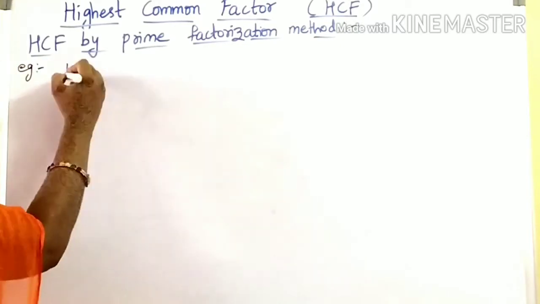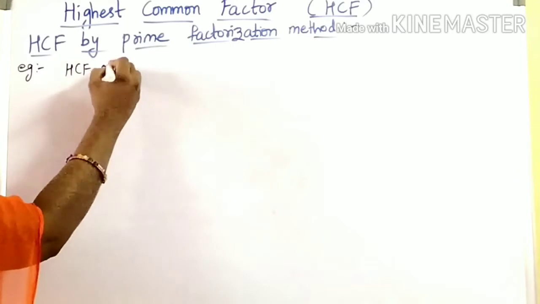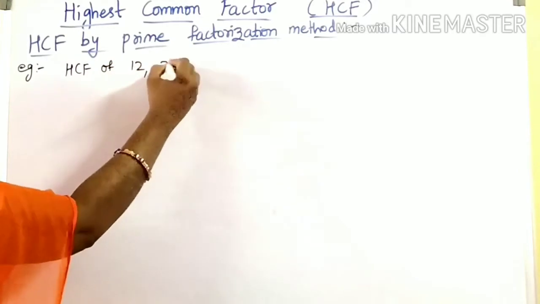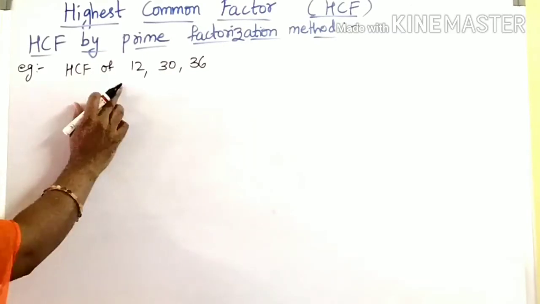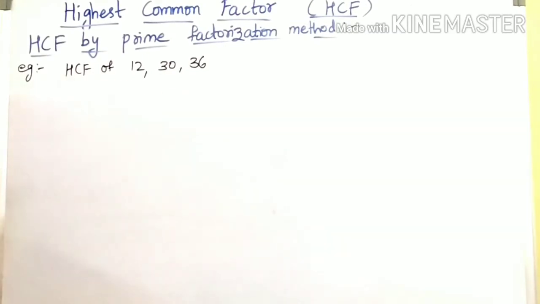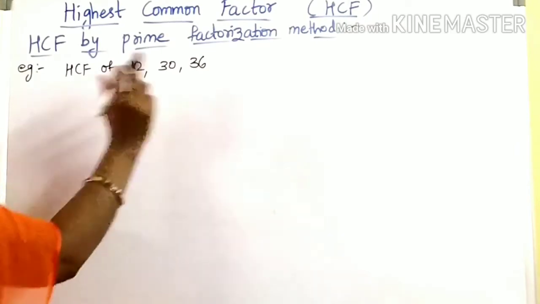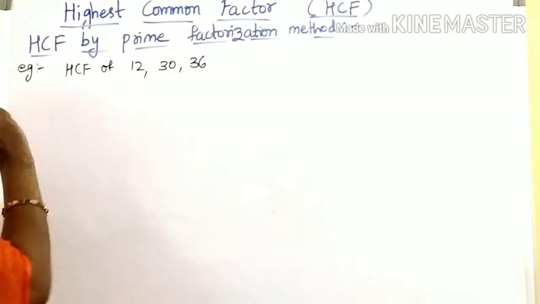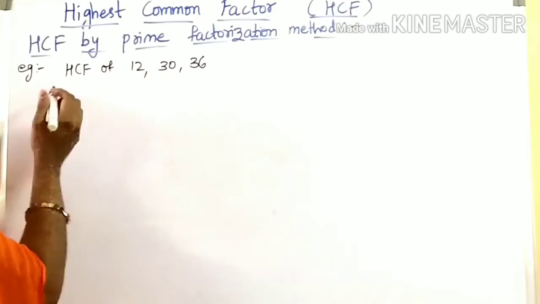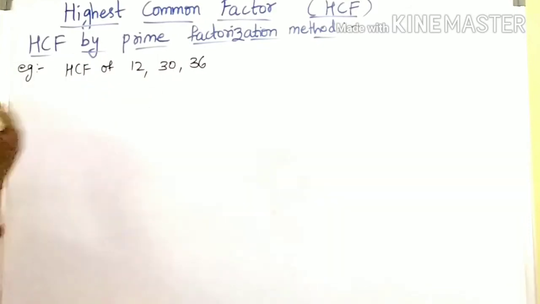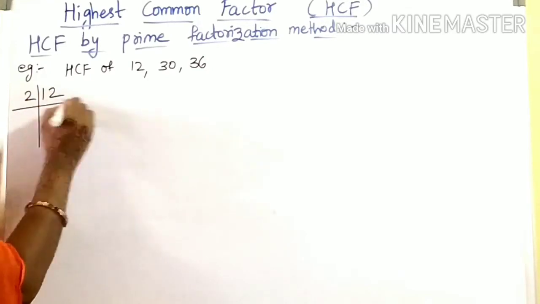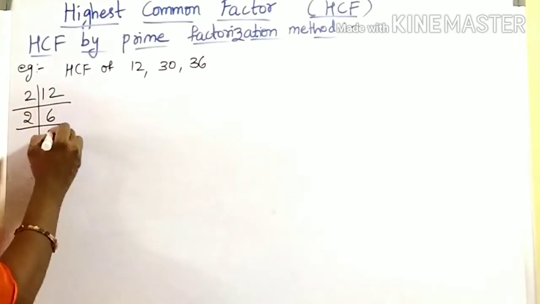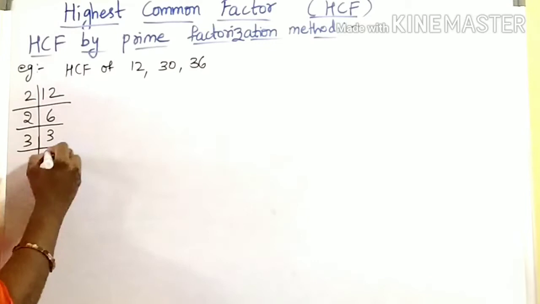We will find the HCF of 12, 30 and 36. I have taken 3 numbers here. In this method, first write each number as a product of its prime factors. This method is called prime factorization. So for 12: 2 6s are, 2 3s are, 3 1s.